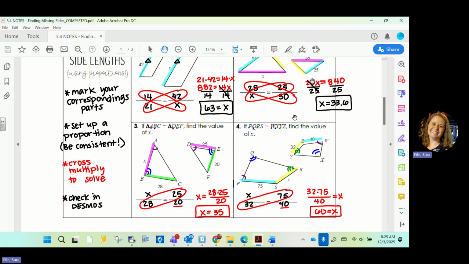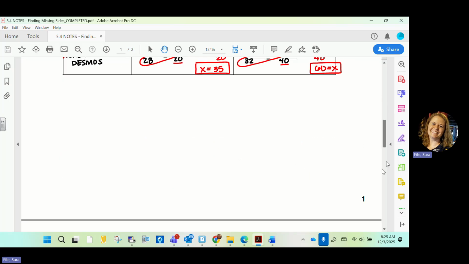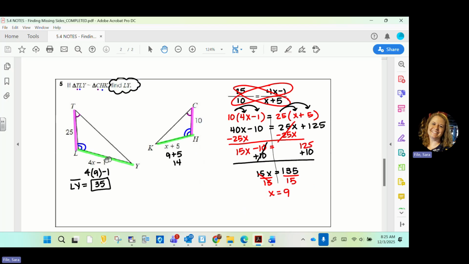On the front, on these first 4, I think everybody was pretty decent with their cross multiplying. But when we did the more complex ones that had the expressions, that algebra, that's a lot of steps, right? And if you struggle with the algebra, then you may get it wrong. Maybe you know the geometry, you know what corresponds, and you know how to set up the proportion, but you mess up in the solving.